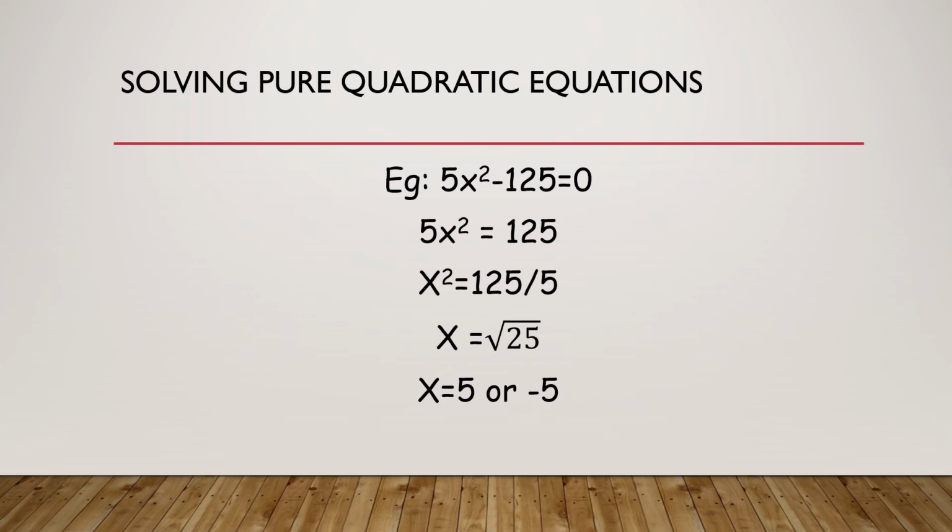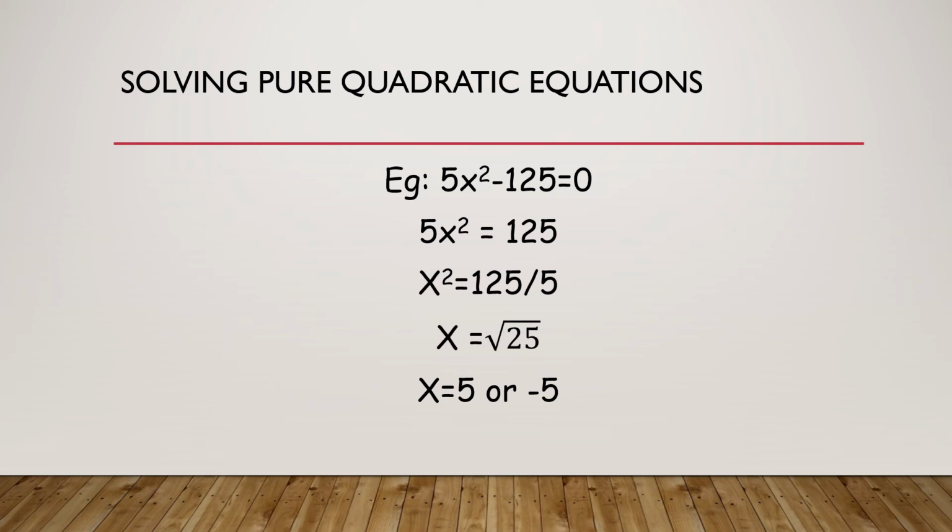Now let us take an example of a pure quadratic equation and find the root of the equation. Here I have taken 5x² − 125 = 0, and we can see that the second term is absent in this equation. That is why it is called a pure quadratic equation.